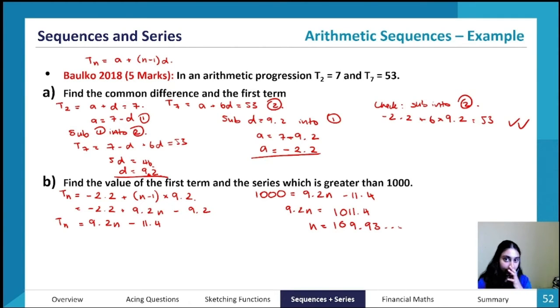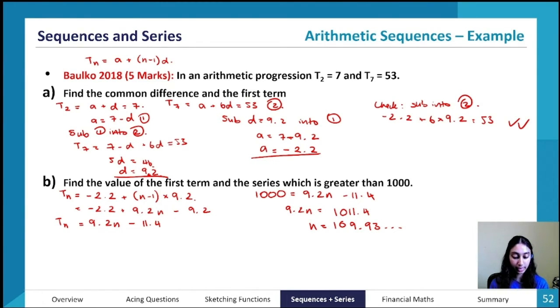So my next thing is to check what the question is actually asking for. Is the question asking for what's greater than 1,000? So I'm going to sub in 109 into my Tn. 109 will get me 9.2 times 109 minus 11.4. That gets me to 991. We're not there yet, we're not at over 1,000.